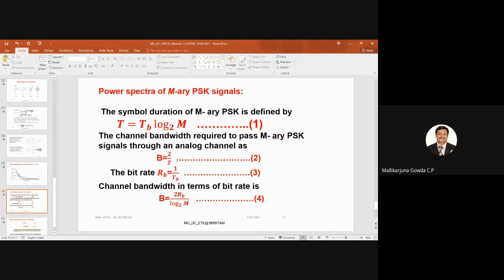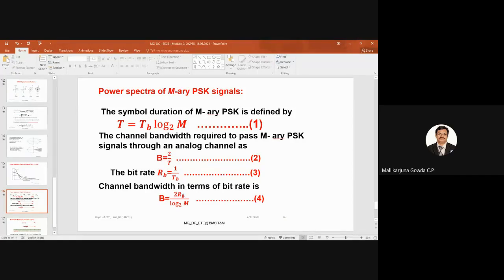Then, as I said, we know the bit rate is equal to 1 over TB. It means the bit rate is inversely proportional to the bit duration, right? So RB is equal to 1 by TB. So I can write the expression for channel bandwidth in terms of bit rate as 2, then instead of 1 by TB, I write RB.